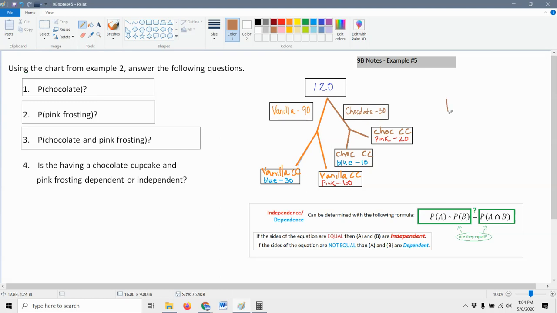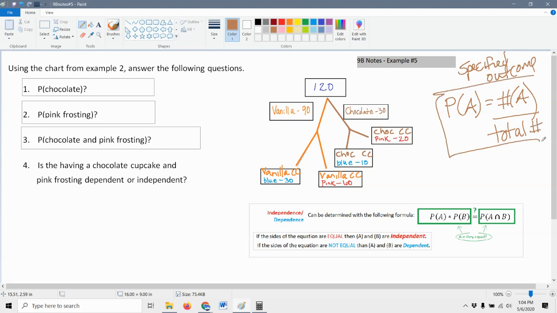And when we're finding probability, we're always looking for the number in the category we're finding probability for. This is also called our specified outcome, or our desired outcome. And then on the bottom of our fraction is always the total number in our sample space. That's our probability formula.